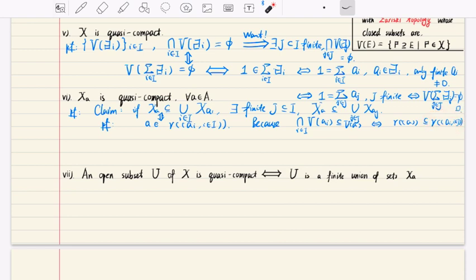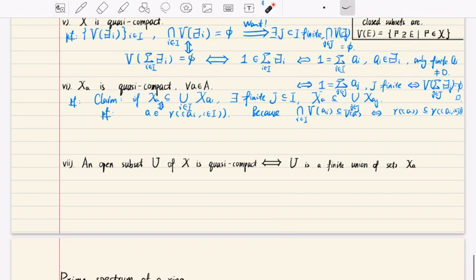So they're equivalent. But if you are familiar with this thing, you can directly see these two sentences are just equivalent.